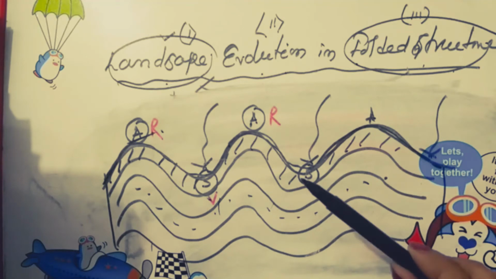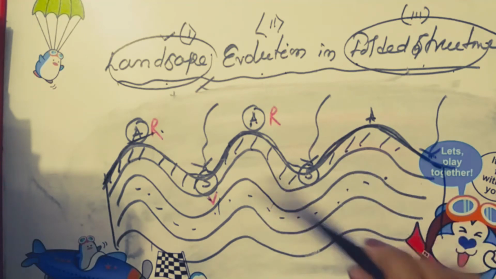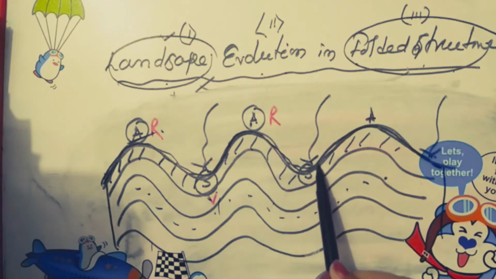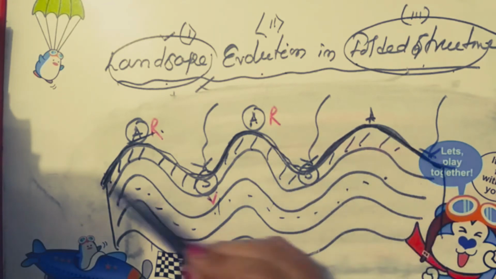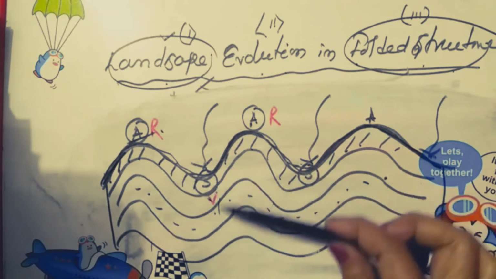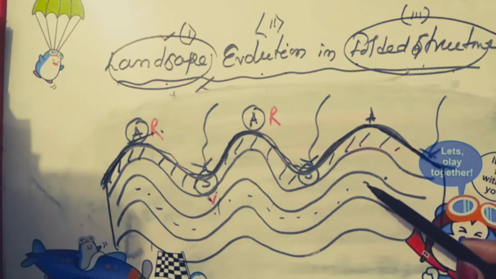we will see there is a similarity between the outside of the surface, the landscape, and the internal alignment of the layers.